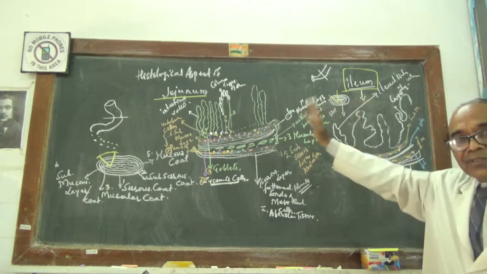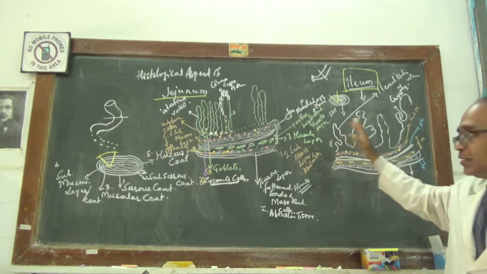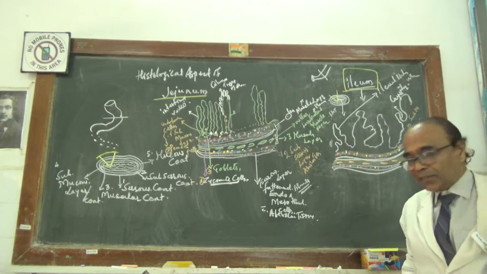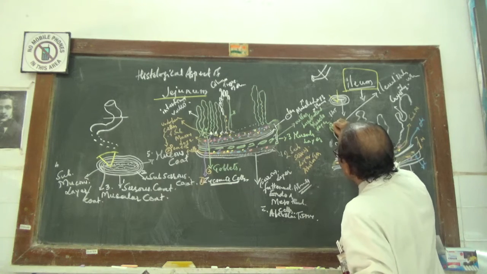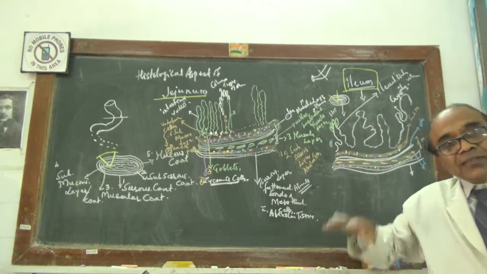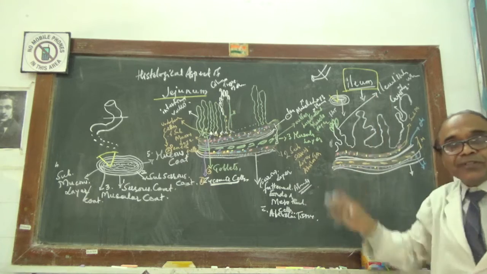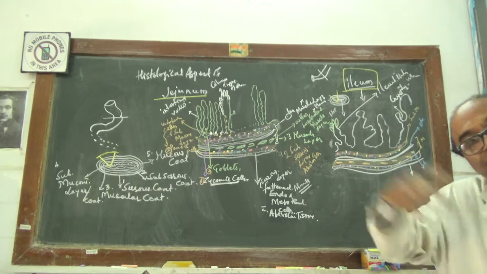This is the jejunum slide. This will be the ileal slide. Here also you will have those cells. They are columnar, but crypts are there. Crypts means in one part of the mucosal lining, it looks like a tear.